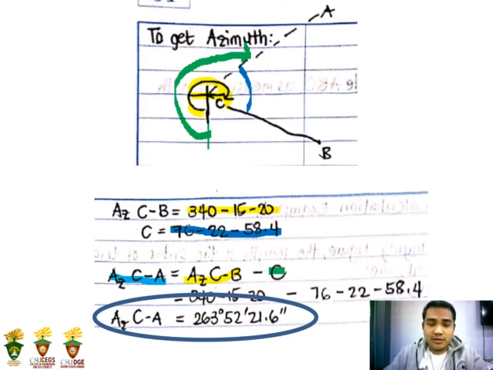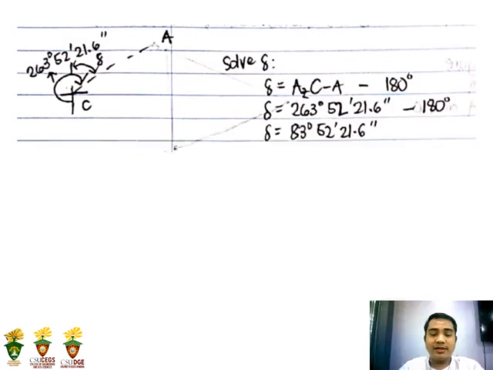Minusan lang nato siya og horizontal angle C which is 76 degrees 22 minutes and 58.4 seconds. Therefore, ang atong azimuth of the line C to A is just equal to 263 degrees 52 minutes and 21.6 seconds.